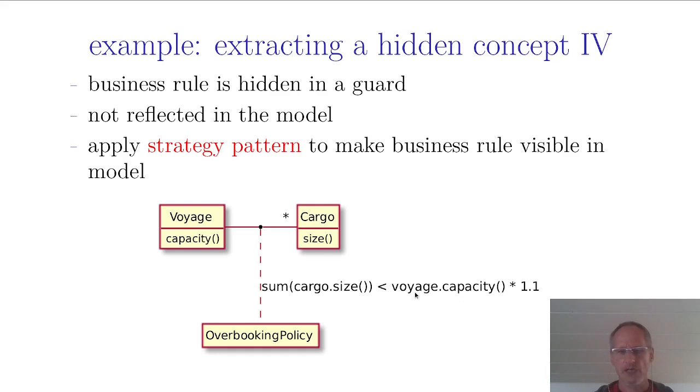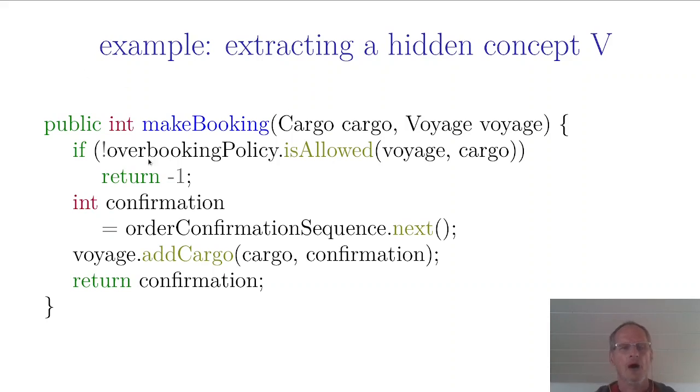That function could directly be provided as a parameter, instead of having to provide an object that is an instance of the overbooking policy class, with the overbooking policy class having the sole purpose of wrapping that function. But whatever the programming language that we use, in any case, it is an application of the strategy pattern, making a strategy, an algorithm, a parameter. Our makeBooking function could then look like this.